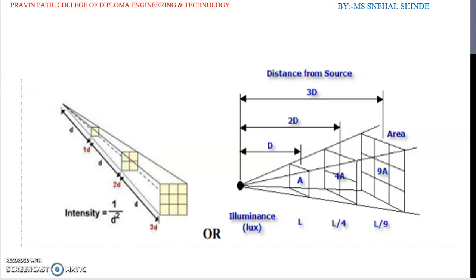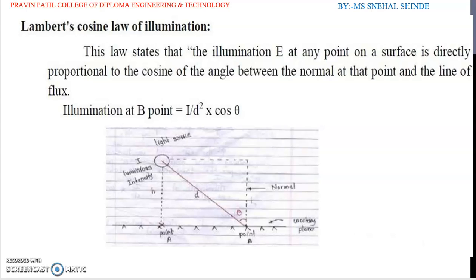Now the next law, that is the second law, is Lambert's cosine law of illumination. The statement of this law is that, according to this law, the illumination at any point on a surface is proportional to the cosine of the angle between the normal at that point and the direction of the luminous flux.